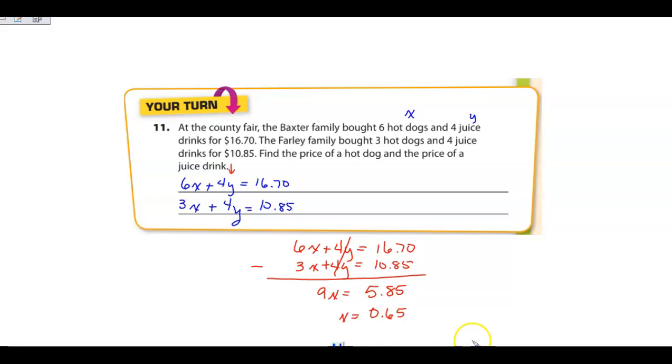Oh, there's an error. How many of you caught that before I did? If I take 6 minus 3, I get 3, not 9. So we're dividing everything by 3. So 585 divided by 3 gives us $1.95. So it's $1.95 for my x value.